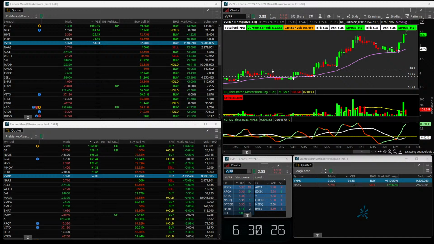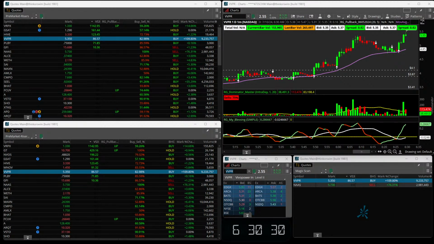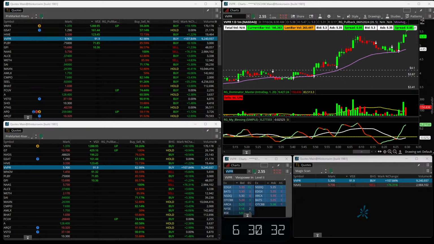Looks like the buying is slowing down. We have some profit takers. You can tell that by the red dominator bar you see there. Whoever rode that little price up right here, they were probably pulling out.